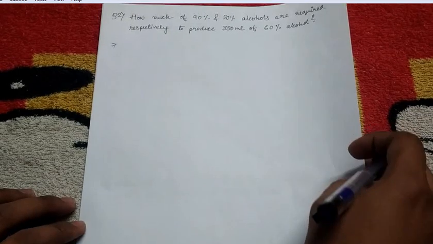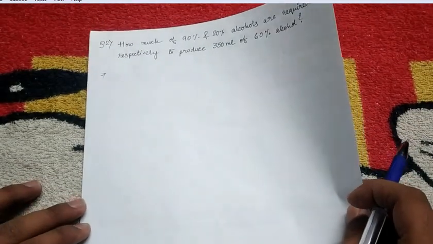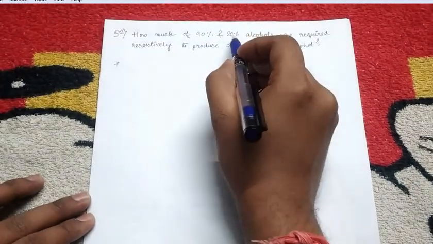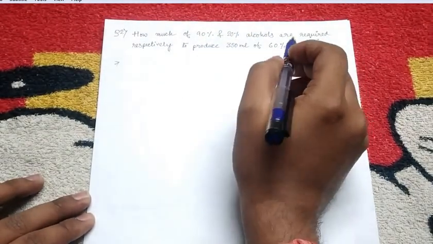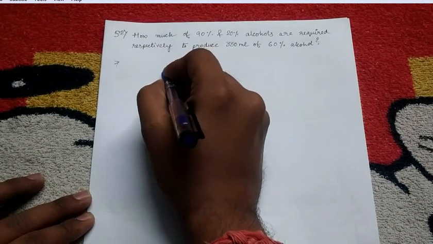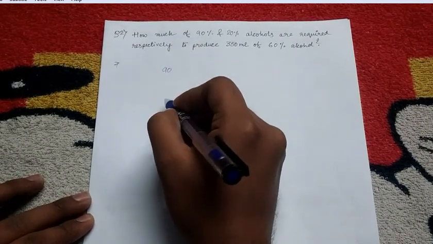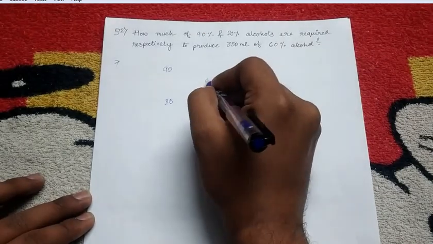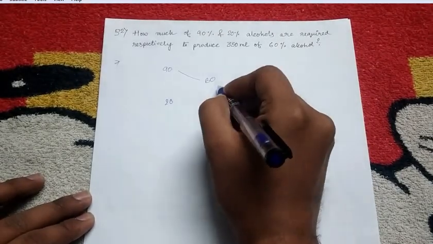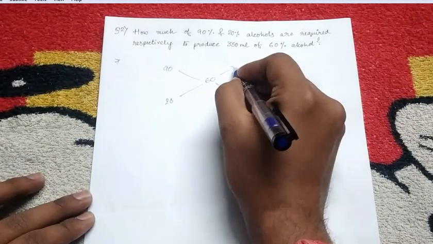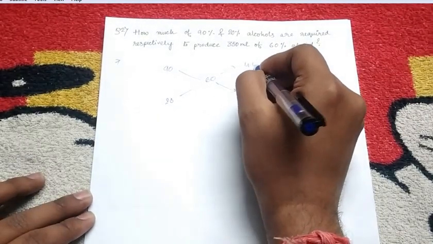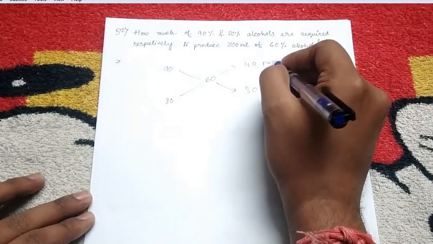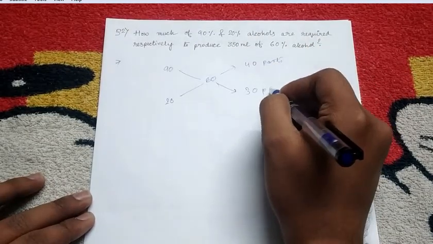So now what is said is that 90% and 20% alcohols are required to make 60%. So the greater percentage is 90%, the weaker percentage is 20%, and the required percentage is 60%. Now just subtract these to get 40 and 30. So 40 parts and 30 parts.